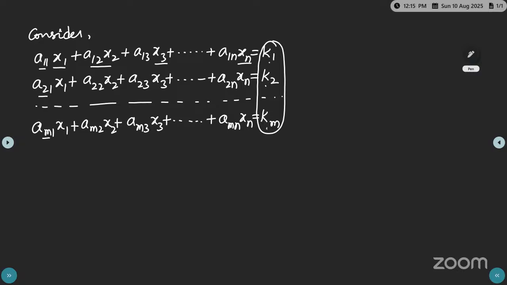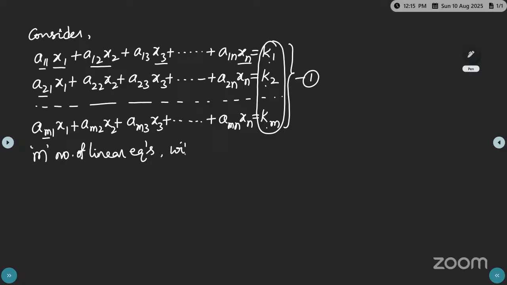Write down. This is a system of m number of linear equations with how many unknowns?